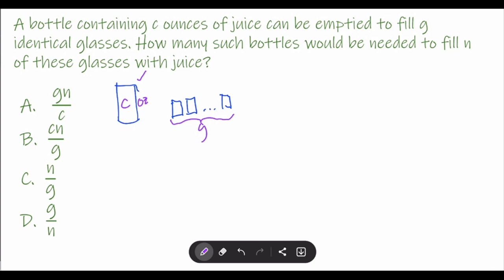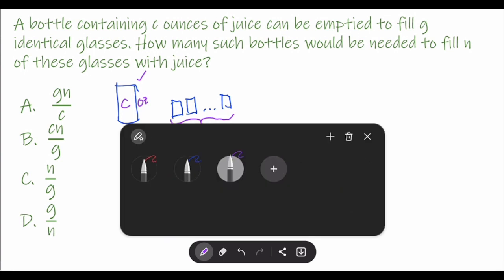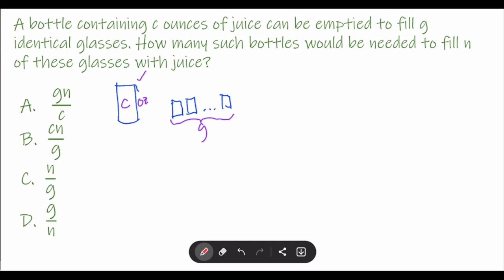So next is how many such bottles would be needed to fill N of these glasses with juice. So in this case, I'll just use another color for this. So if we have N number of glasses and so on. So the G and the N are not the same because these are more.